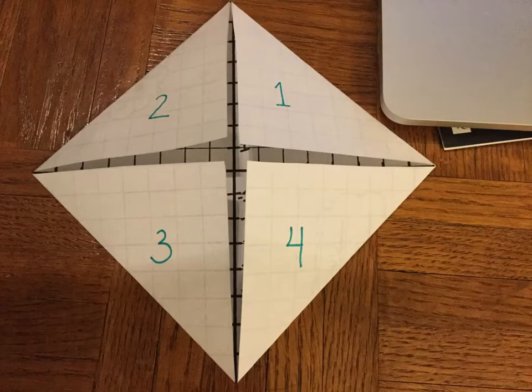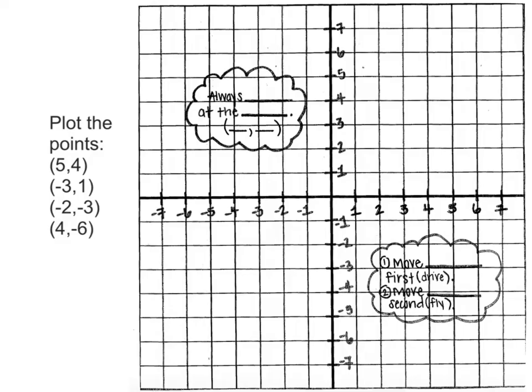Now, let's get to the nitty-gritty. This is the important part. This is where you're going to really want to start writing things down. This center point, which I pointed out before, is called the origin.